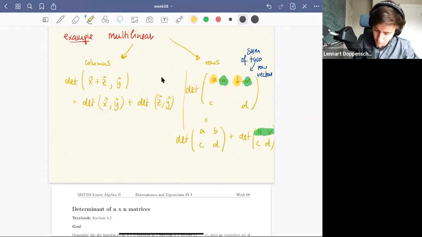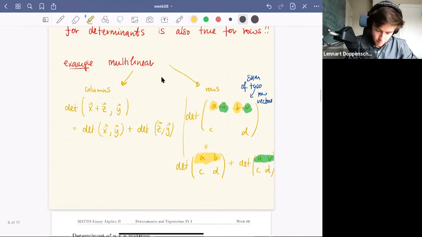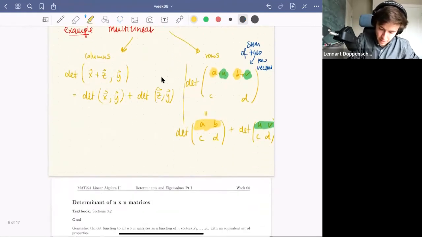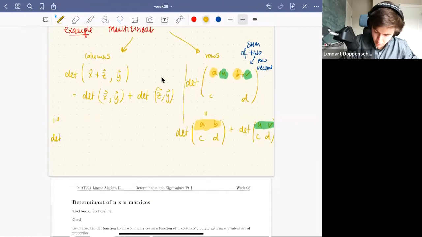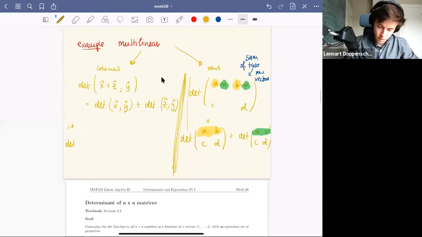So we have the green and the yellow, and then we add these two rows together. And before, here on the left-hand side, we would have the determinant. So this is the cut between these two viewpoints, rows and columns.